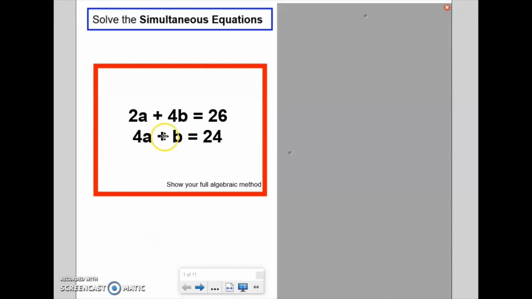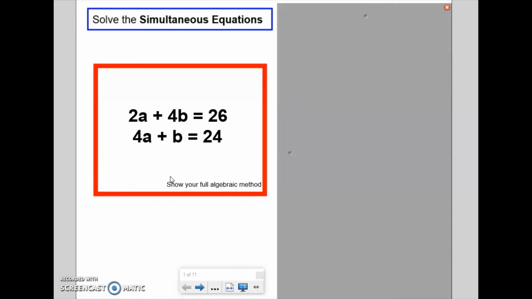Okay, the first thing we need to do is, it's very difficult to calculate with two unknown variables. So we want to manipulate the question so we can remove an A or remove the B. The way we need to do that is to make sure that the coefficients of the A's or the coefficients of the B's, remember that word coefficient means number in front of, are equal.